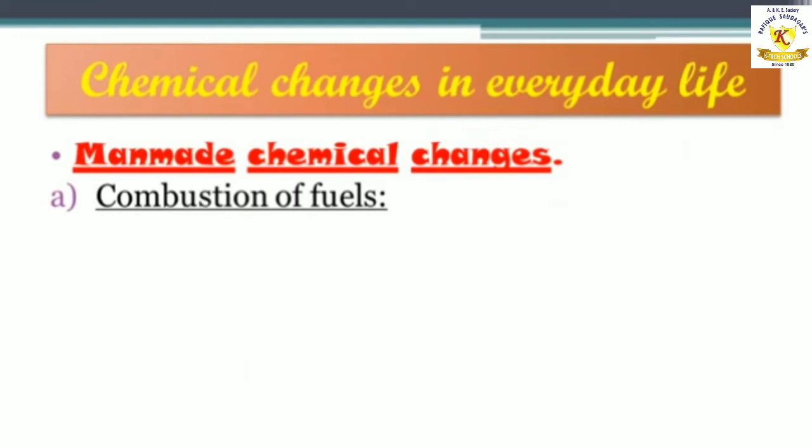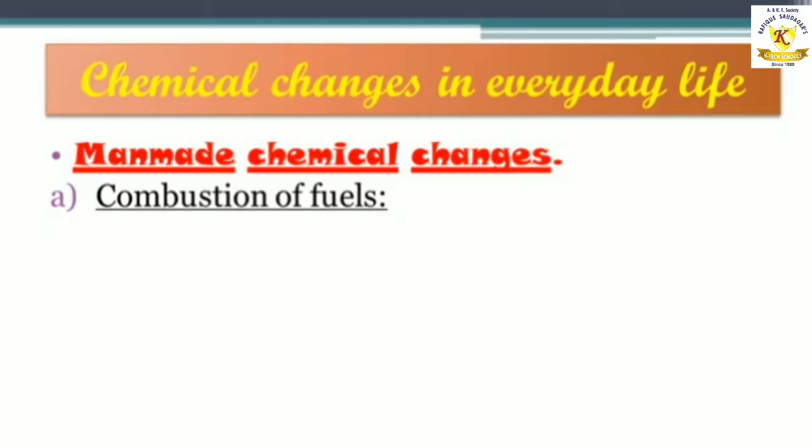We bring about many chemical changes for our use in everyday life. Wood, coal, petrol or cooking gas are burned for getting energy. The common substance that burns in all this fuel is carbon. During the combustion process, carbon combines with oxygen in air and the product carbon dioxide is formed.